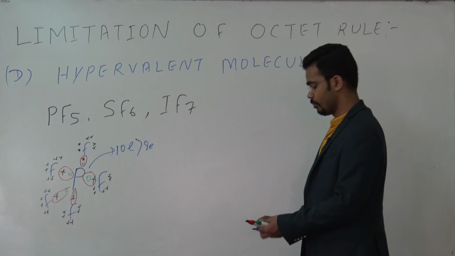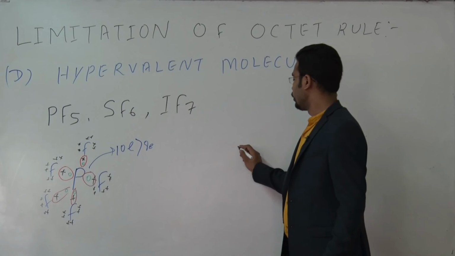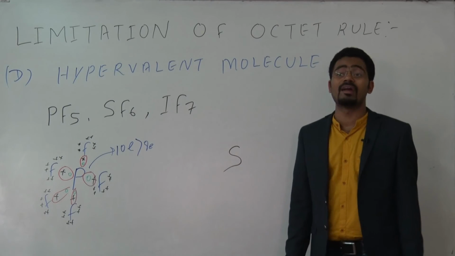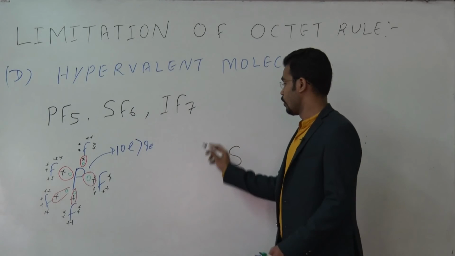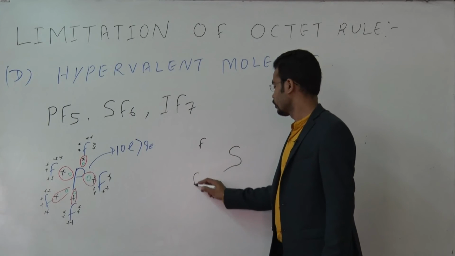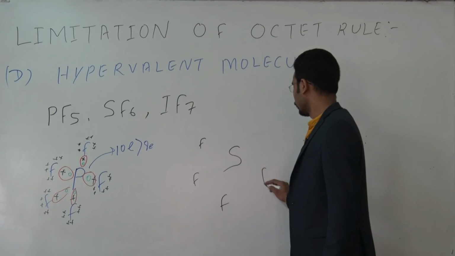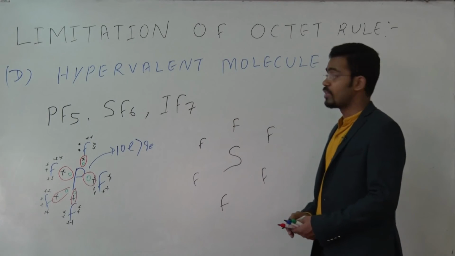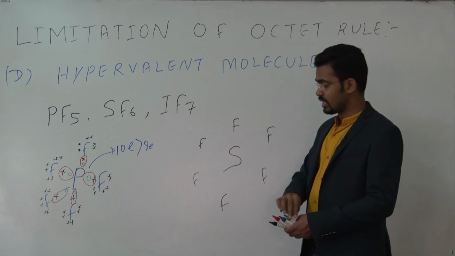How do you draw it? Write the sulfur atom and put the fluorine atoms symmetrically. So here will be fluorine. Now, as you know, fluorine has 7 valence electrons.